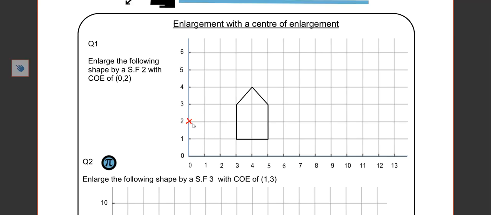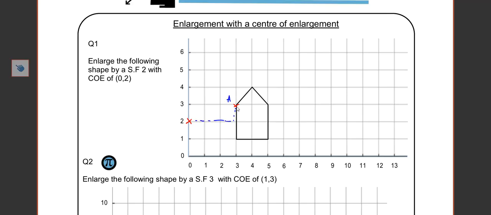So there's two ways of doing it. The first way is you take each point on the object, and you look at how far it is relative to the centre of enlargement. So I know that this point here, I'm going to call it point A, is 3 across and 1 up.